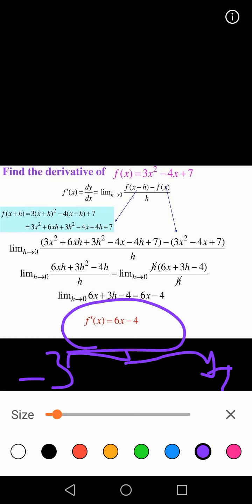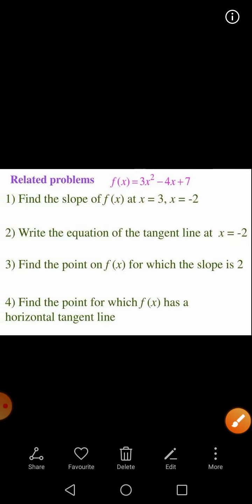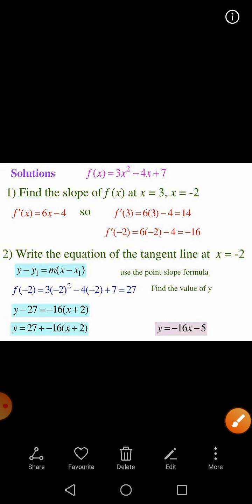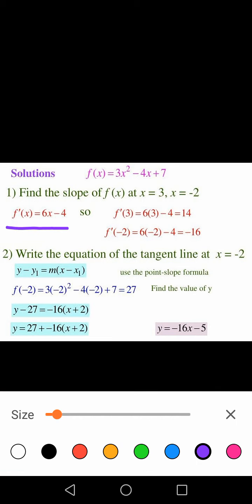You get the concept, and that's all. Let's see it together. Here the slope is f dash equals 6x minus 4. He will remove x once and put 3, then remove x once and put negative 2 to get the final answer here and here. Is that hard?